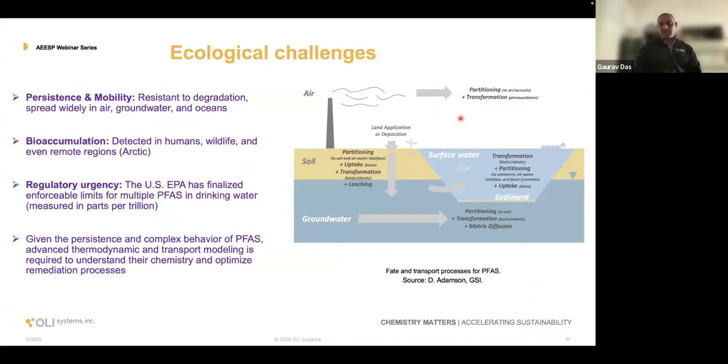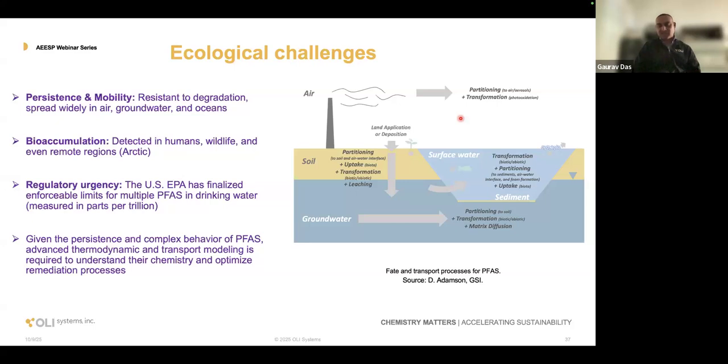Mostly the persistence and mobility of these compounds is driven by the fact that they can exist in air, soil, and surface water, and could affect humans, wildlife, and even be found in remote regions such as the Arctic. Due to the ever presence of this compound, the EPA has finalized some enforcement.